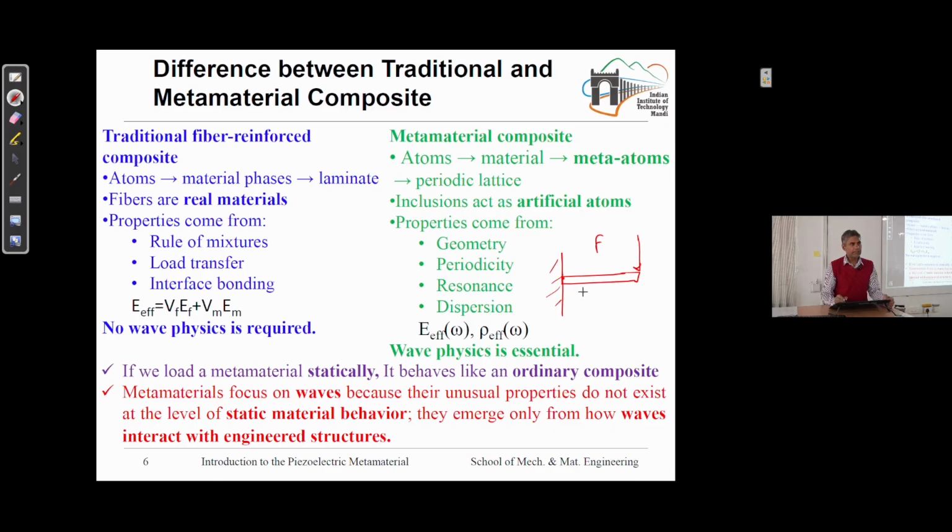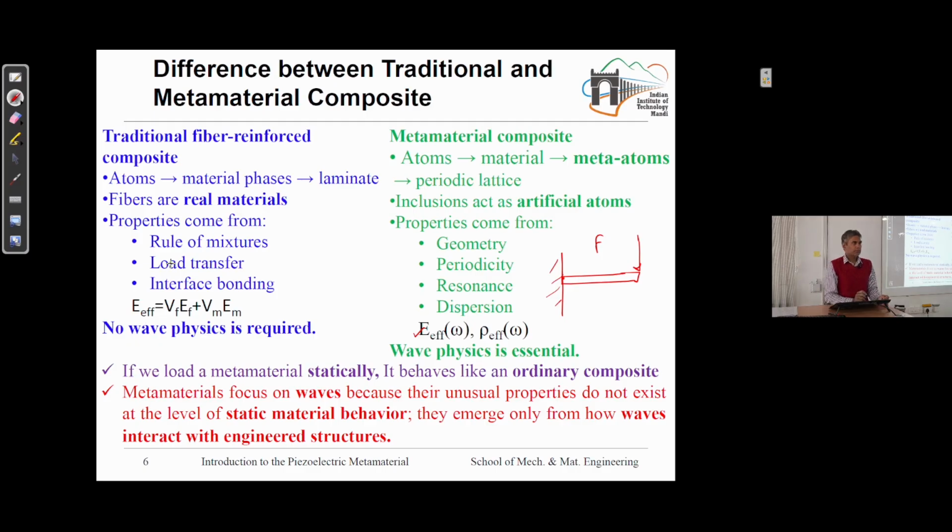The structure cannot vibrate, and hence omega is 0. So this E effective is equal to this, and the property you have in the case of metamaterial is the same as in the case of traditional composite material.